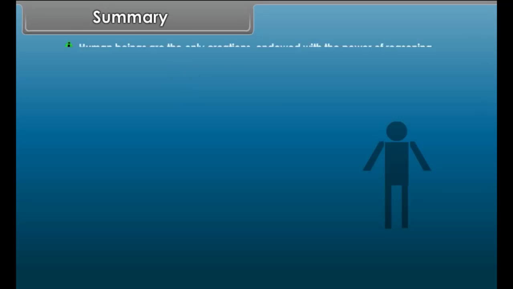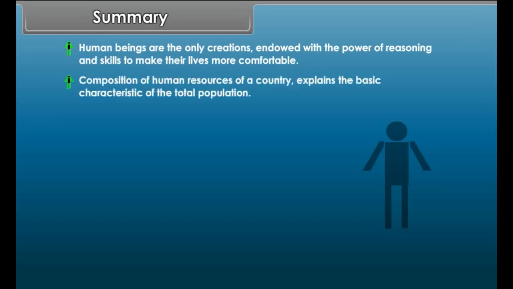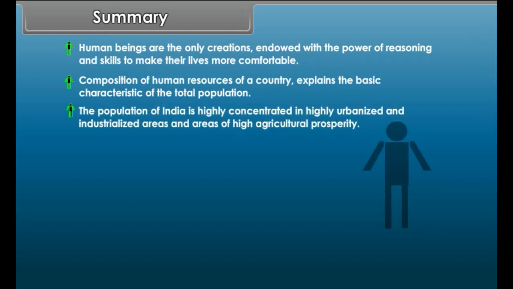Summary. Human beings are the only creations endowed with the power of reasoning and skills to make their lives more comfortable. Composition of human resources of a country explains the basic characteristic of the total population. The population of India is highly concentrated in highly urbanized and industrialized areas and areas of high agricultural prosperity.